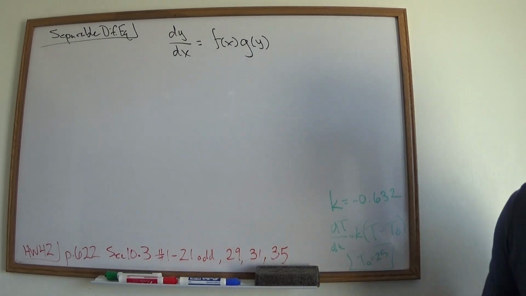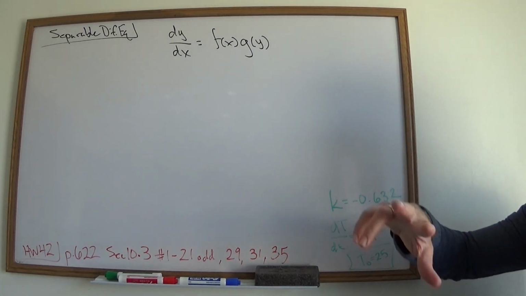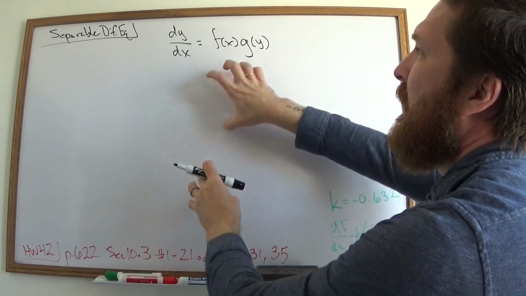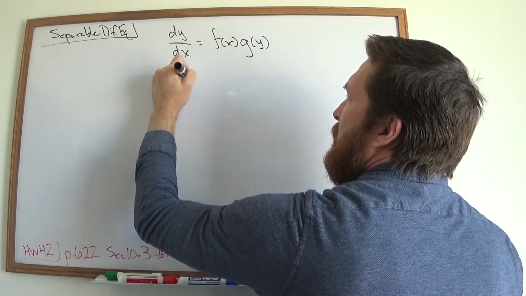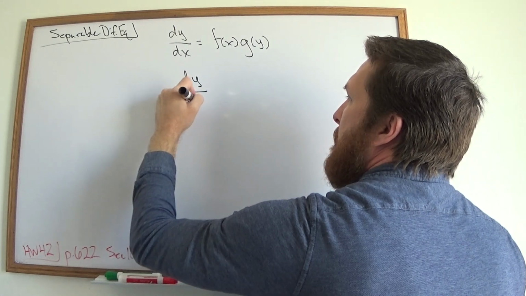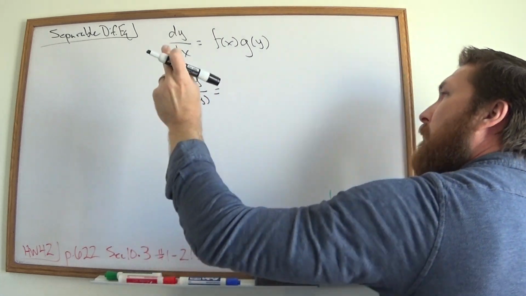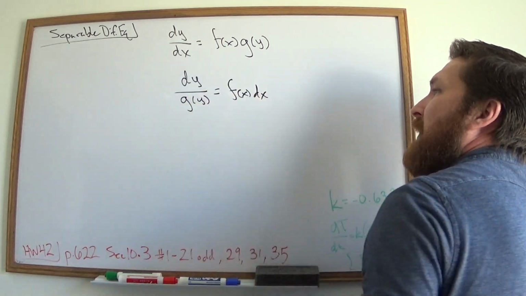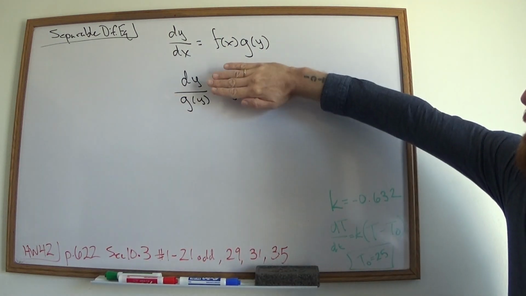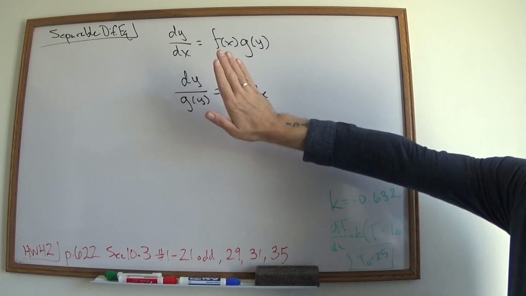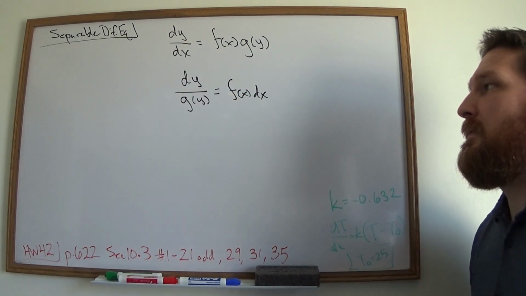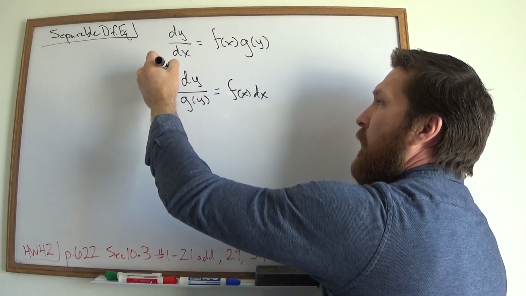Why is it called separable? Because you could separate them. Watch what happens. I could divide by the y's, multiply by dx. Now I have an expression that has nothing but y's on one side, nothing but x's on the other side. And now you could do this.